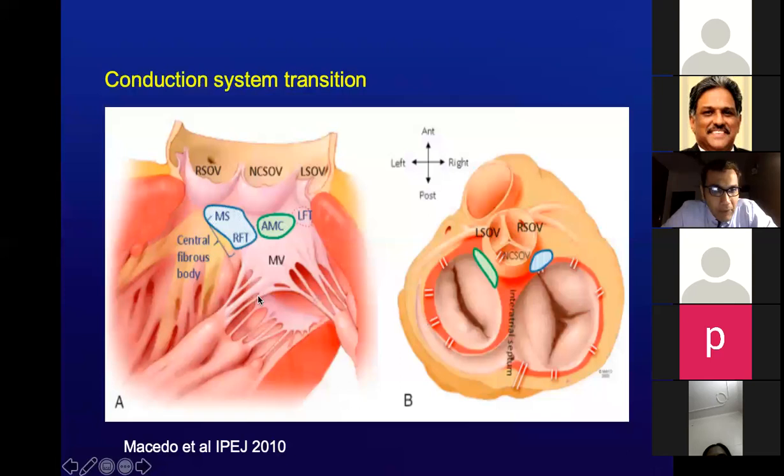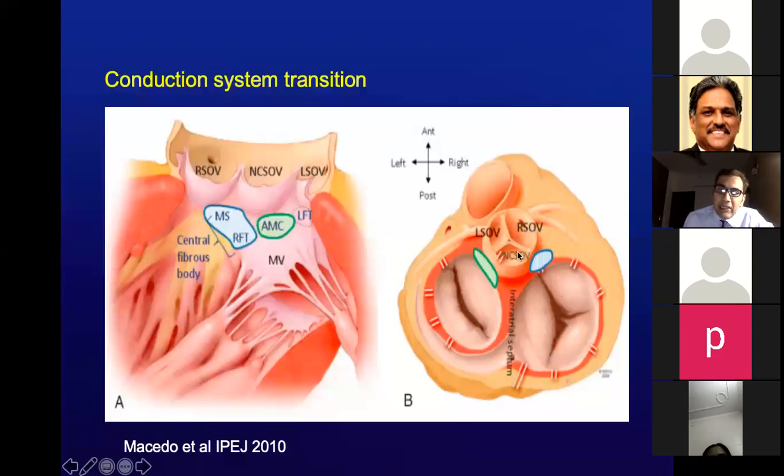Now going on from there, we did talk about the transition of the conduction system into the left side. So that location, the apex of that anterior part of the interventricular septum, is essentially a junction between the septal leaflet of the tricuspid valve and the anterior leaflet of the tricuspid valve.